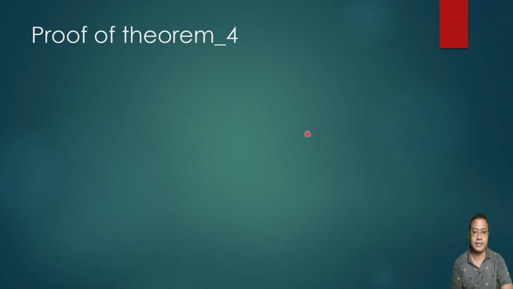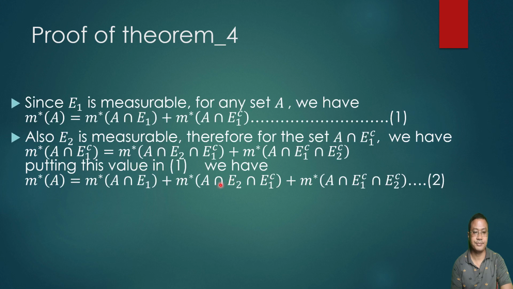What we are doing is applying the same result; this one is coming from E2 measurability. Like that, from the condition that E3 is measurable, using this set you can find another equality, and that process you continue.